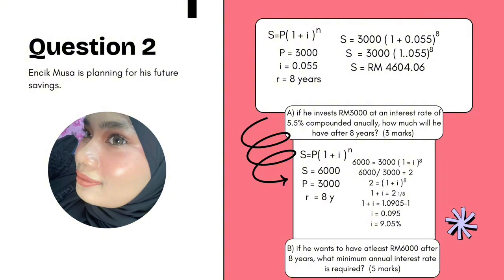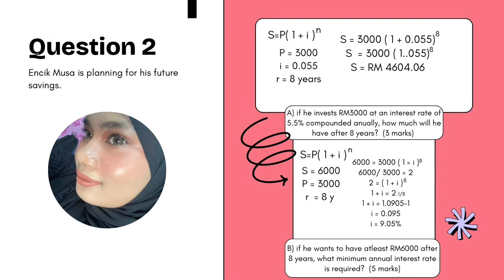Next, for question B, Encik Musa wants to have at least 6,000 ringgit after 8 years. We need to find the minimum annual interest rate required. Using the same formula, 6,000 equals 3,000 multiplied by (1 plus i) to the power of 8. Then 2 equals (1 plus i) to the power of 8.